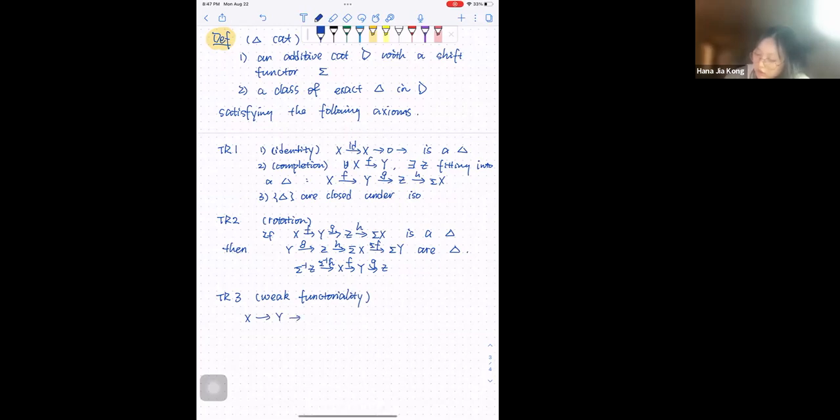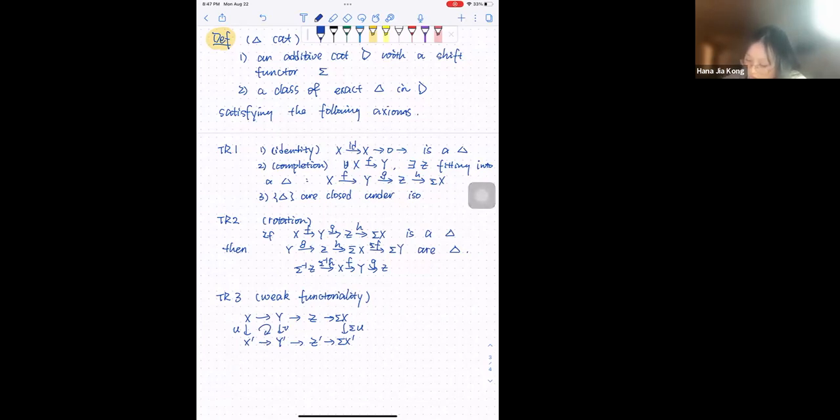I have a distinguished triangle X to Y to Z to suspension X, and also another one, X prime to Y prime to Z prime to suspension X prime. And I have maps U and V here, and this is suspension of U. And suppose these maps commute.